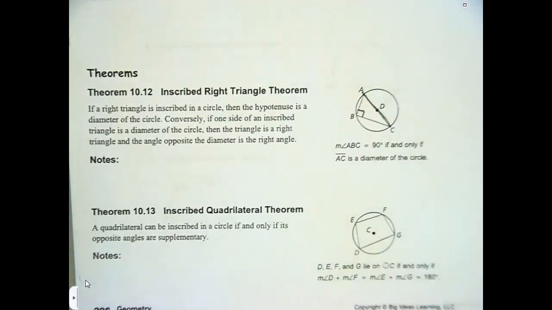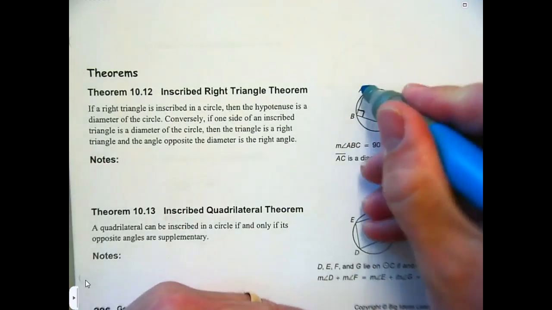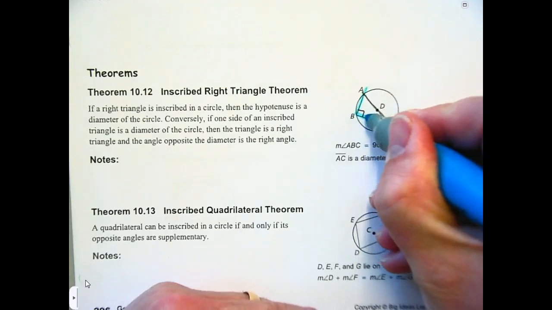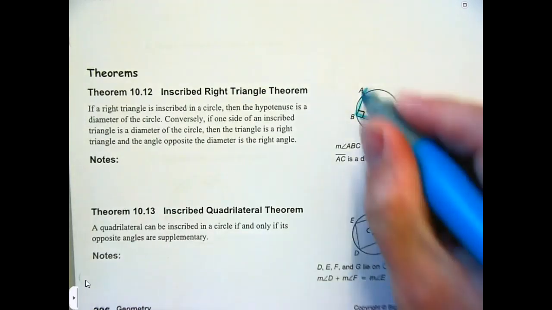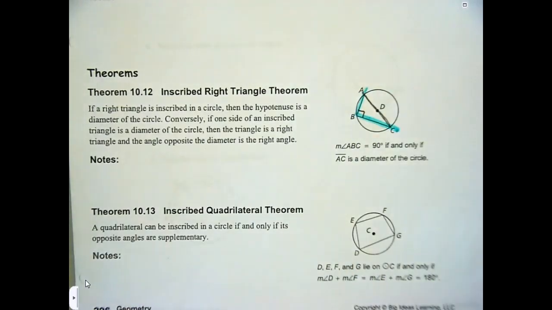Tell your neighbor, how come that has to be a diameter? Based on what we've been studying today, how do we know that if this angle is 90, then that hypotenuse must be a diameter?